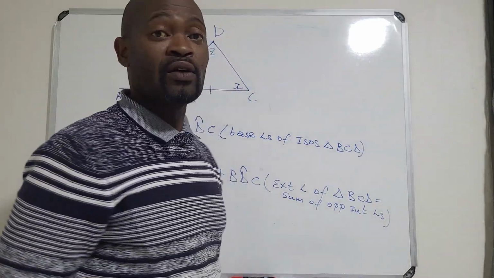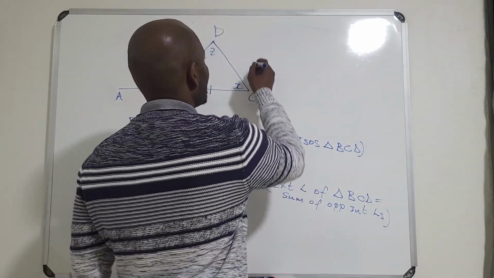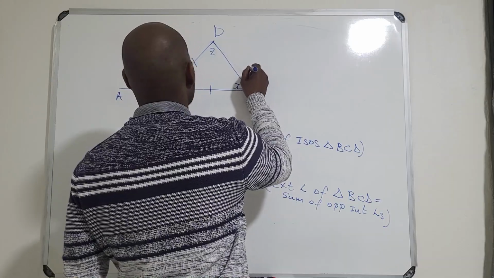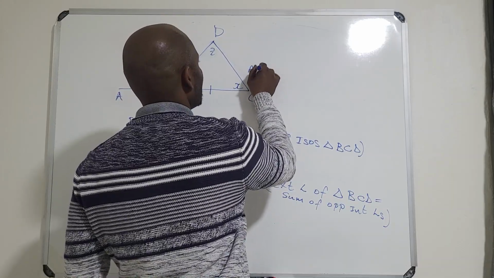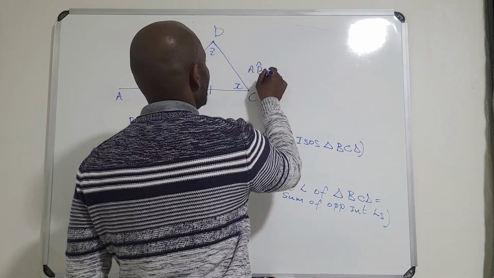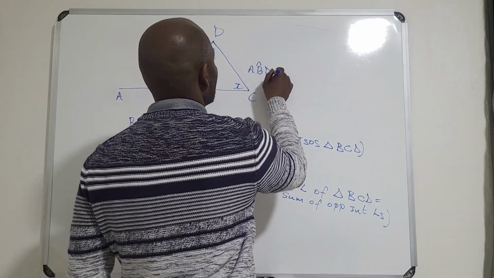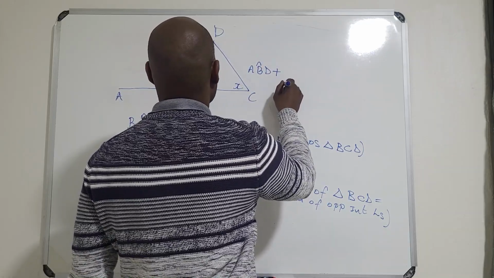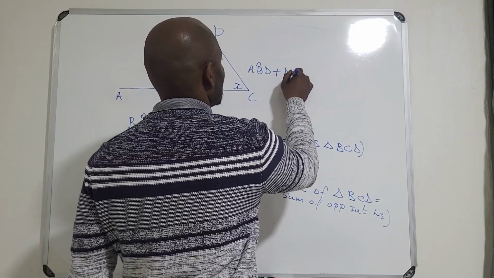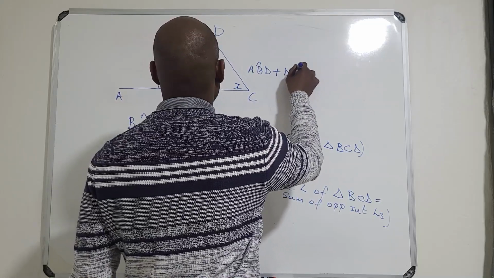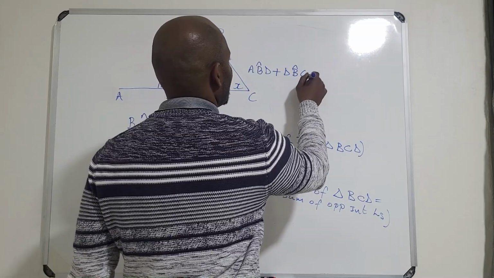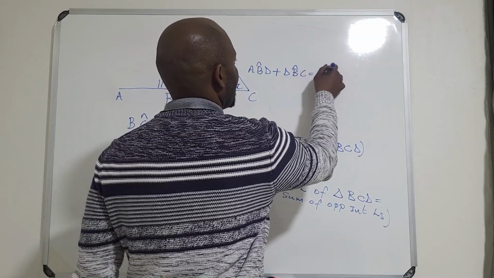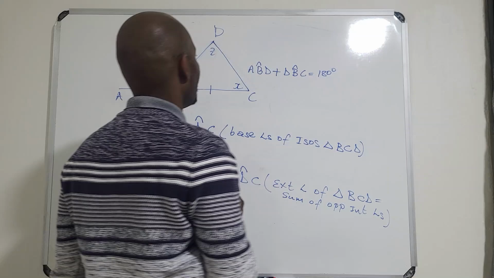Now, let's solve for y. We start by saying angle ABD plus angle DBC is equal to 180 degrees.